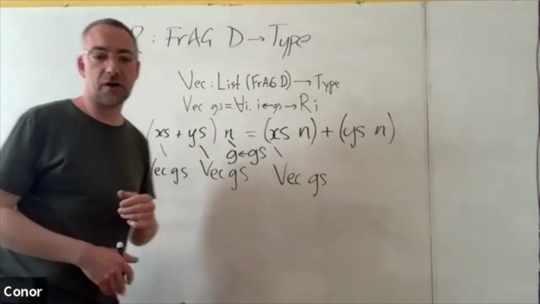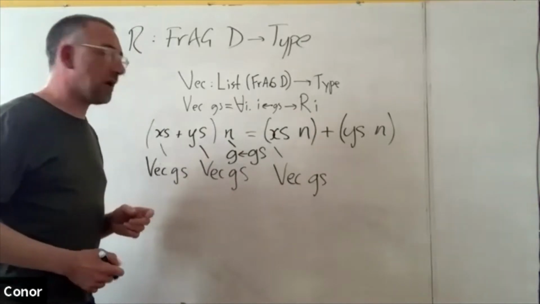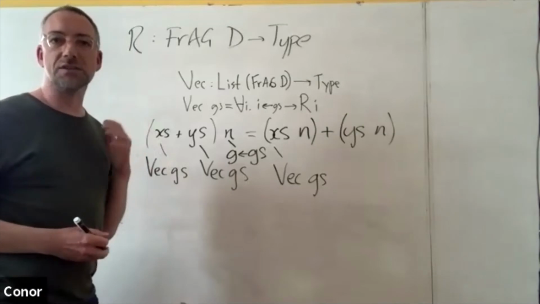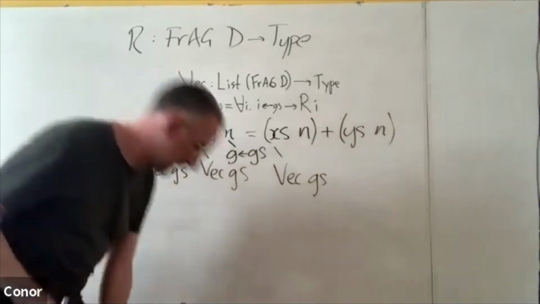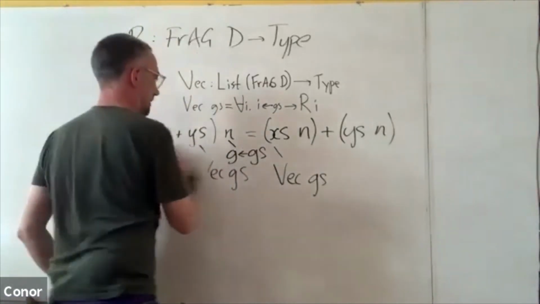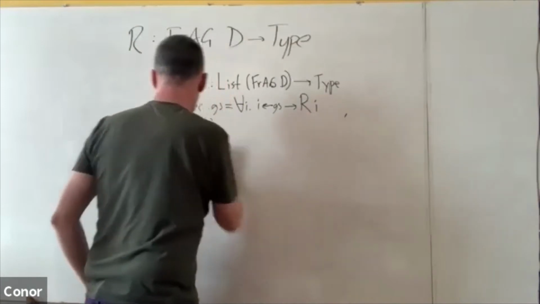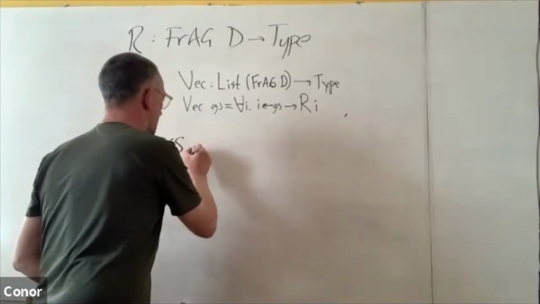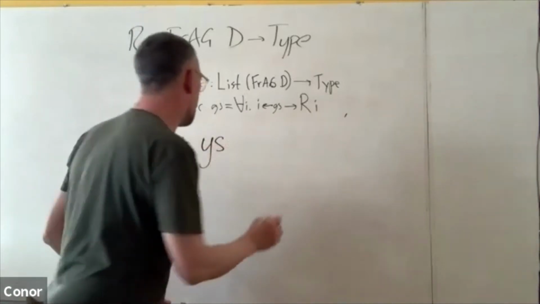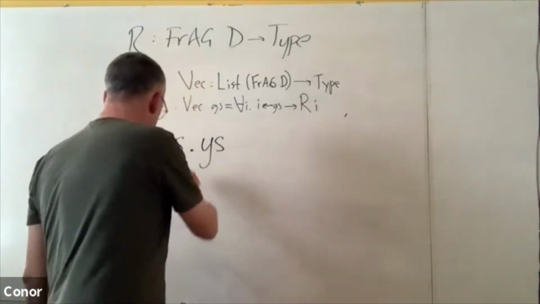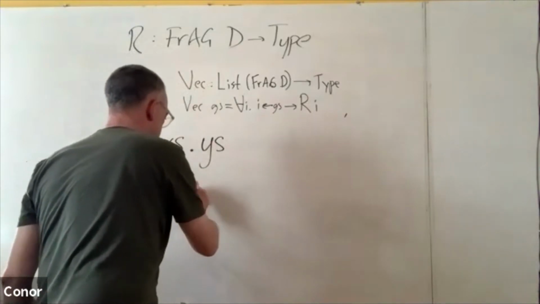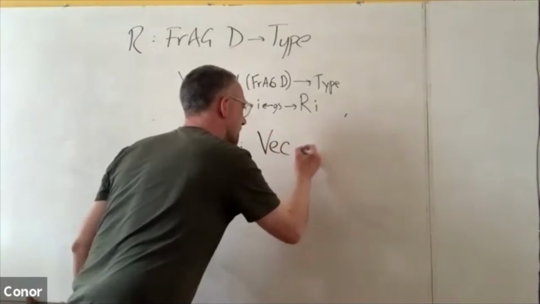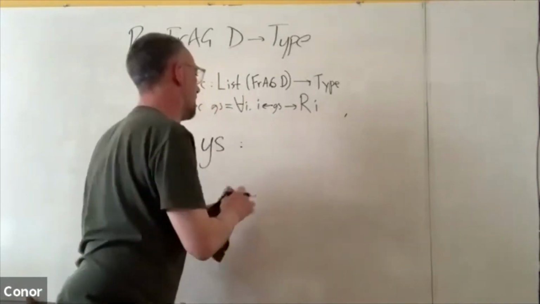And then the next fun question is, if I wanted to take the inner product of two vectors and get a result at some particular dimension, let's suppose I want to take an inner product x's dot y's, and I know that this is a vec g's, and suppose I want this to have type Rg.